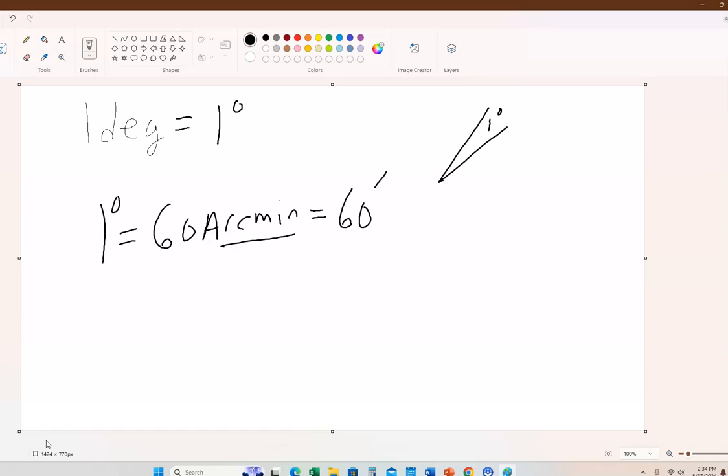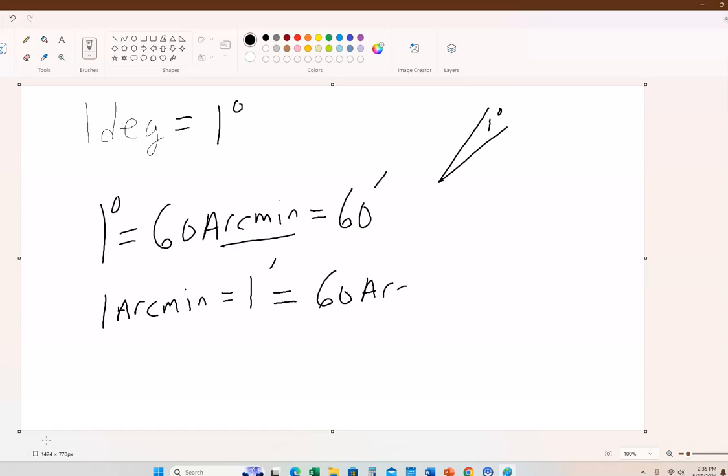Another way to do this is to go even smaller than a degree, smaller than an arc minute. So 1 arc minute, right? I'll write it this way, and also write it as 1 arc minute. A single hash mark means 1 arc minute is the equivalent of, you probably guessed it, 60 what are called arc seconds.